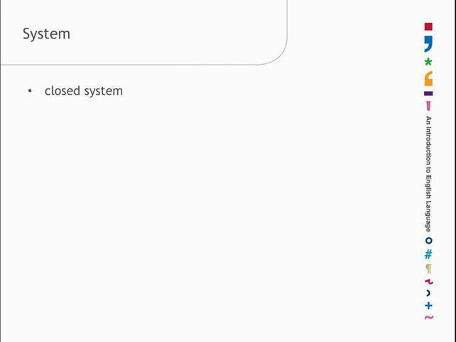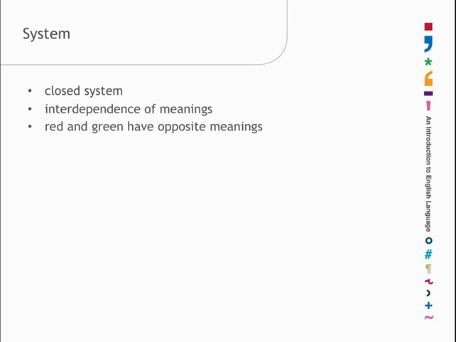Well, what that tells us is that in closed systems, meanings of one thing and another are interdependent, and they certainly are with traffic lights. The fact that the red light means what it means is dependent on the fact that the green light means what it means and the amber light means what it means. There's an interdependence of meanings in this closed system. And we know, for example, that there's more to it than that, and that is that the red and green lights have opposite meanings.